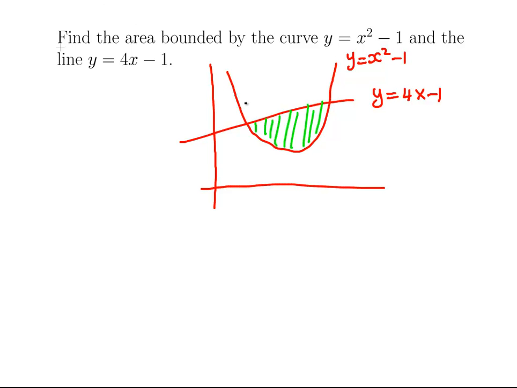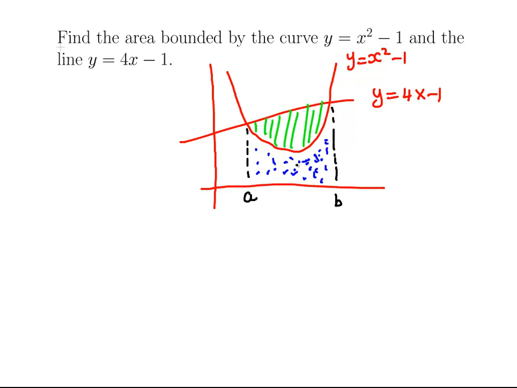Okay, and again, what we do is we try and figure out what the upper and lower bound is. So A and B. Now, just to emphasize, the area under y equals x squared minus 1 is this shaded area, which I'm going to put in little blue dots.